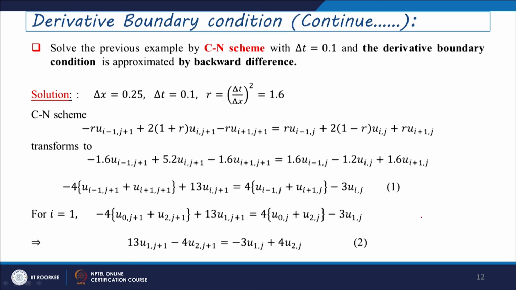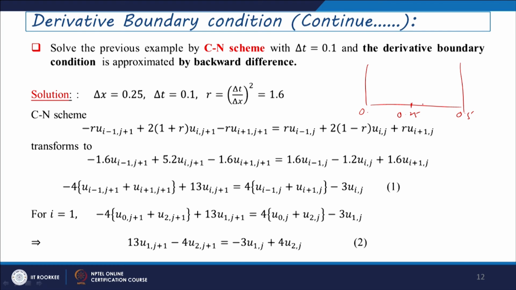And if we use this for the Crank-Nicolson scheme with delta t equals 0.1, the derivative boundary condition is approximated by a backward difference scheme here. So delta x can be written as 0.25, since the domain is defined as 0, 0.25, 0.5.